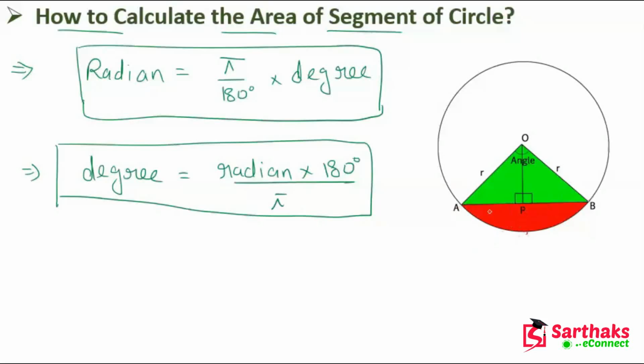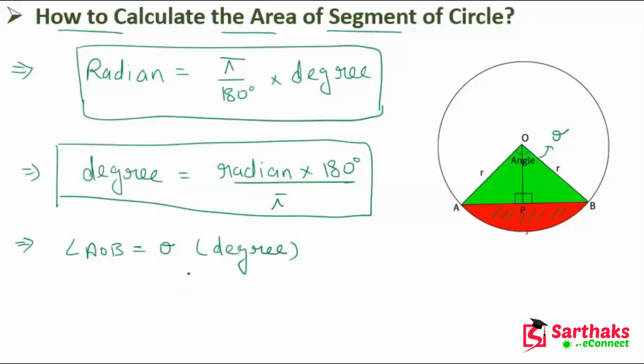Now we have to find the area of this red part. How can we calculate it? In this figure there is an angle theta, and this theta is in degrees. Angle AOB is theta, in degrees.